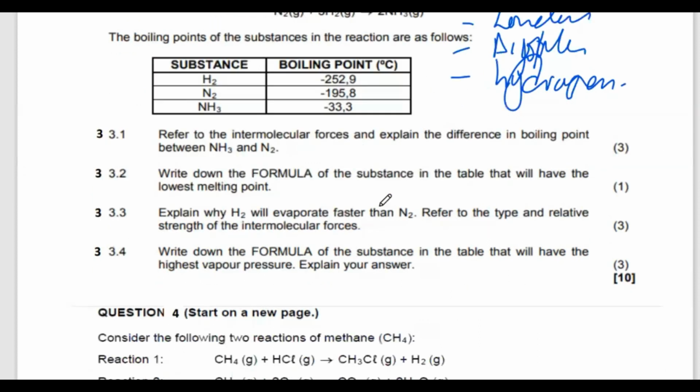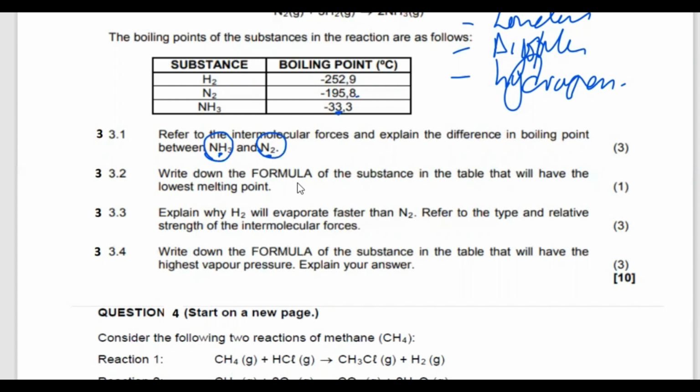They're saying, referring to the intermolecular forces, explain the difference between the boiling point of ammonia and nitrogen. This is called ammonia. I've taught you how to read this, ammonia and nitrogen, and the intermolecular forces of attraction between them. Ammonia forms this, while nitrogen forms this.